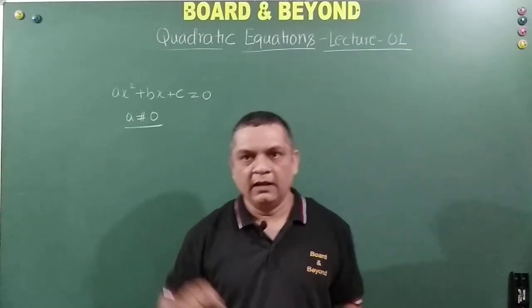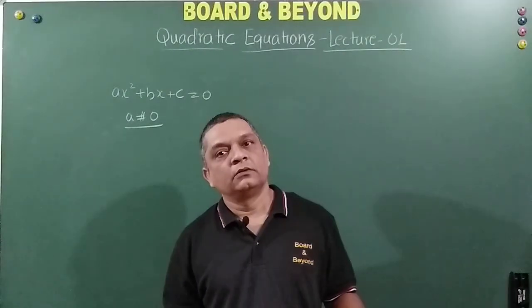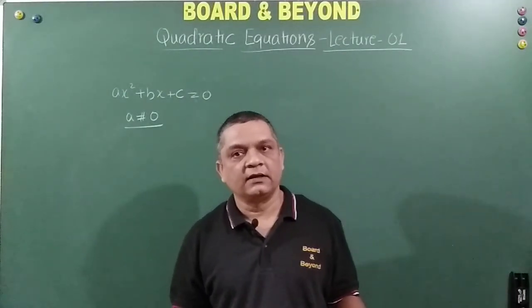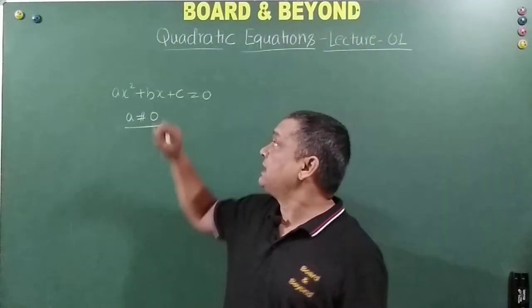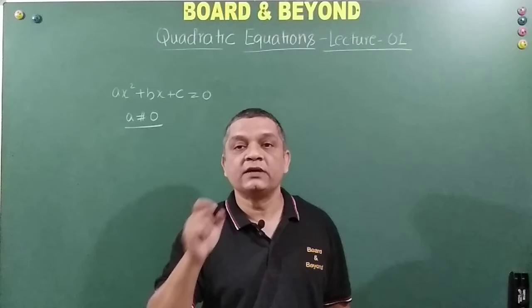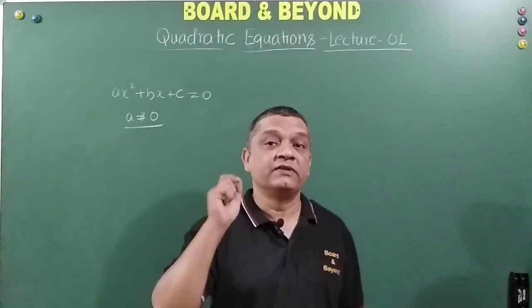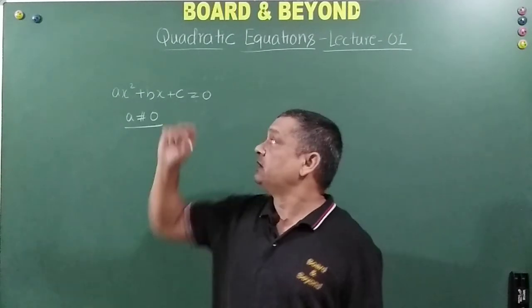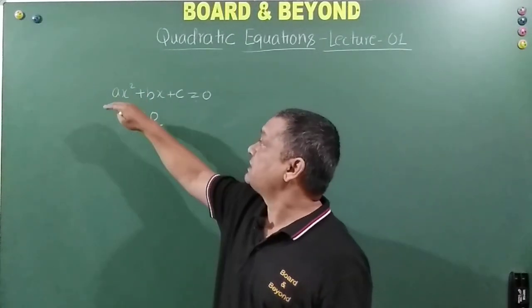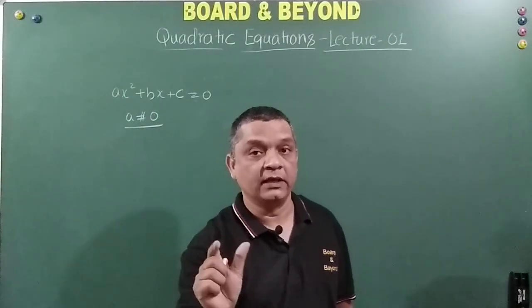But why are we saying that b can be 0? Yes, b can be 0 because b doesn't decide the degree of the equation or the polynomial. It's the a which decides the degree, because the highest power of the variable is attached to a, not to b.